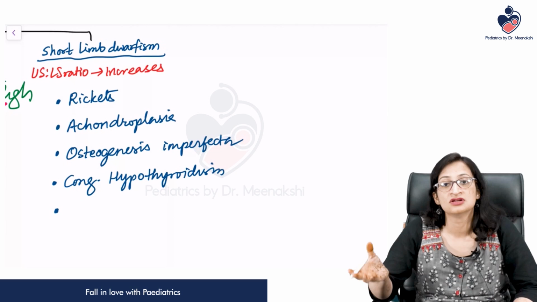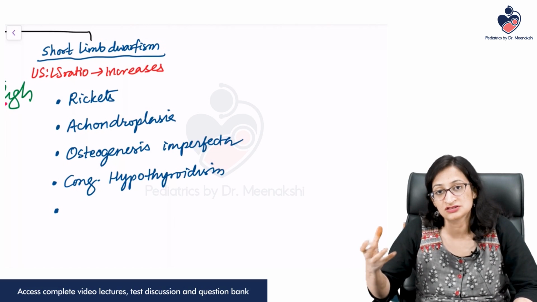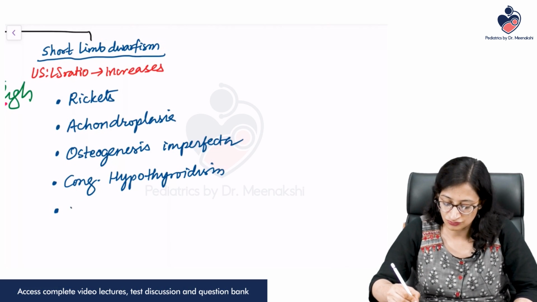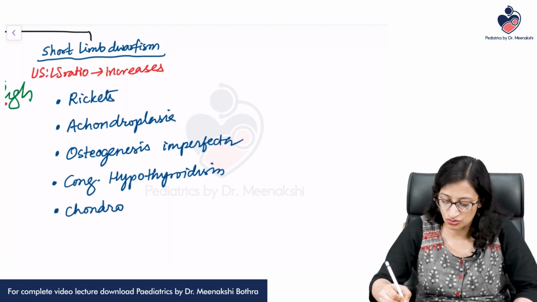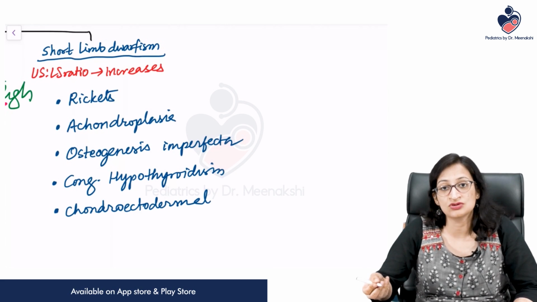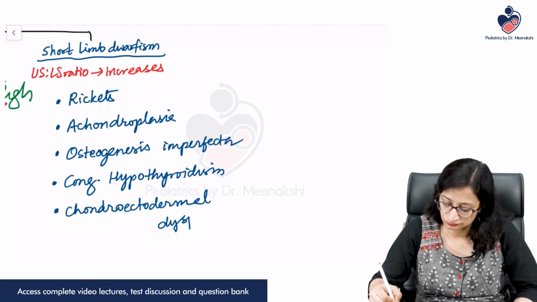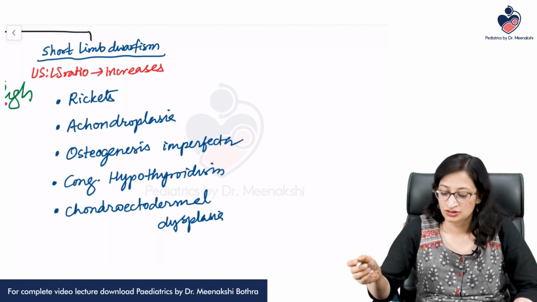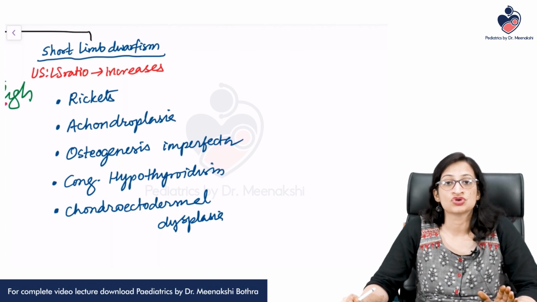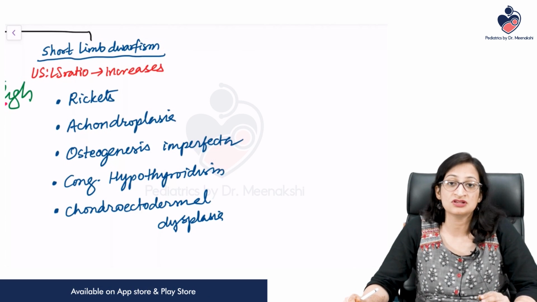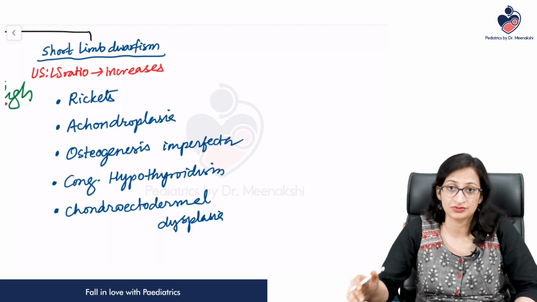So, it is mainly the long bones, the epiphyseal cartilages at the ends of long bones, which is involved. If spondylo is there in the name, it is mainly short trunk dwarfism. If chondro is there in the name, it is predominantly short limb dwarfism. So, these are some important causes of short limb dwarfism, where the limbs are predominantly affected.